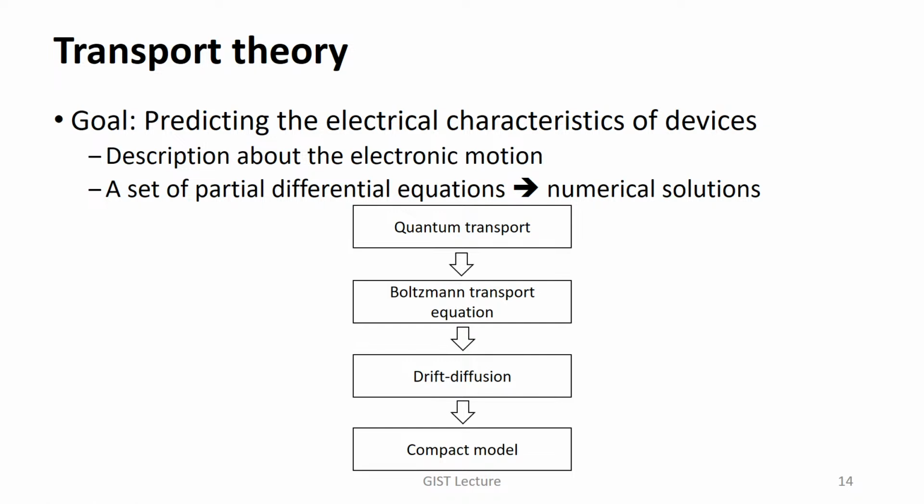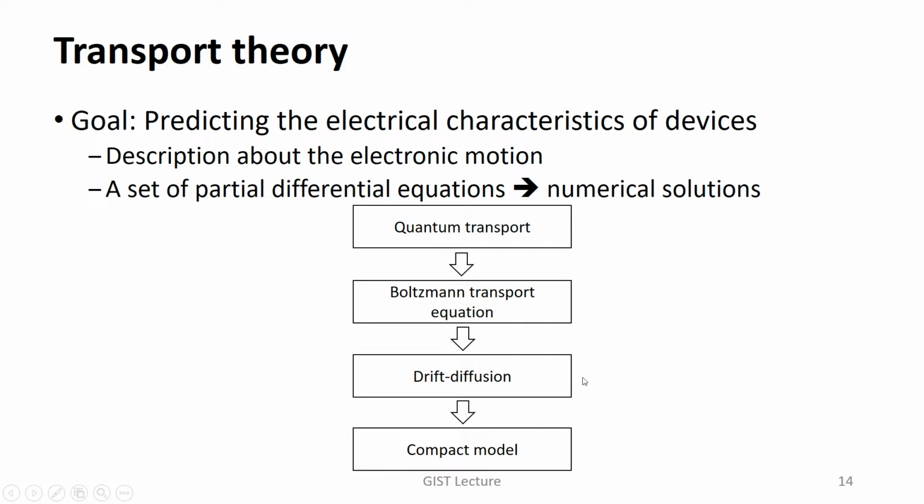Still, we make another simplification and we finally arrive at the drift diffusion model. And this drift diffusion model is the workhorse of today's TCAD. So typically when we say TCAD device simulation, we are simply pointing to this drift diffusion model.